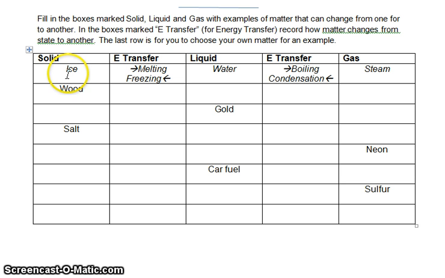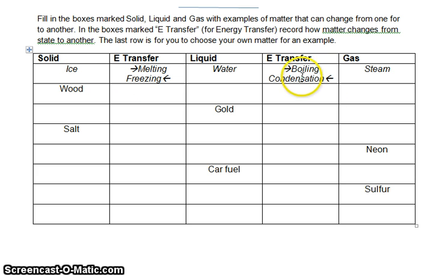So for instance, if energy is causing the ice to change into water, I'm going to show the arrow showing which direction I describe this change. So melting is how we would describe a change from ice to water. But freezing is how we would describe the change of water into ice. So you'll see that the arrow here is moving in the direction that water would change into ice.